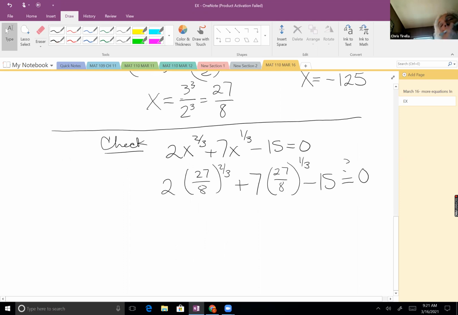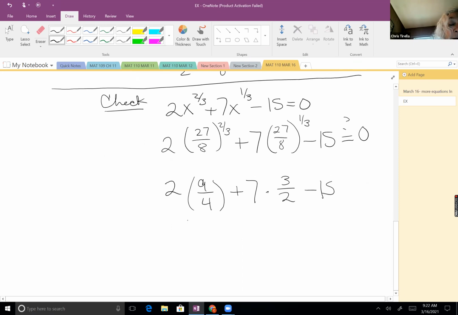Well, we just saw that 27/8 is 3/2 cubed. When I raise it to the 2/3 power, I take the cube root and square it. So that would give me 2 times 9/4 plus 7 times the cube root of this, which would be 3/2, minus 15.